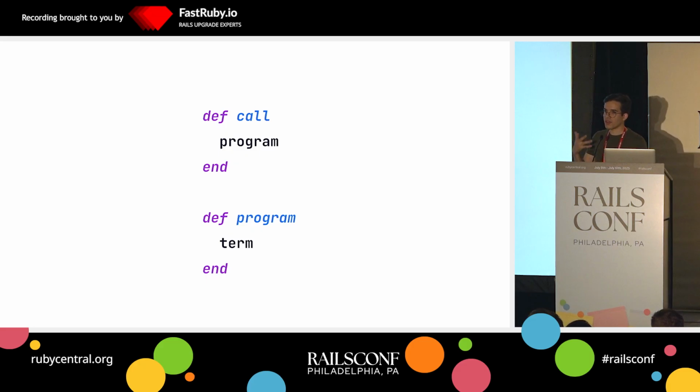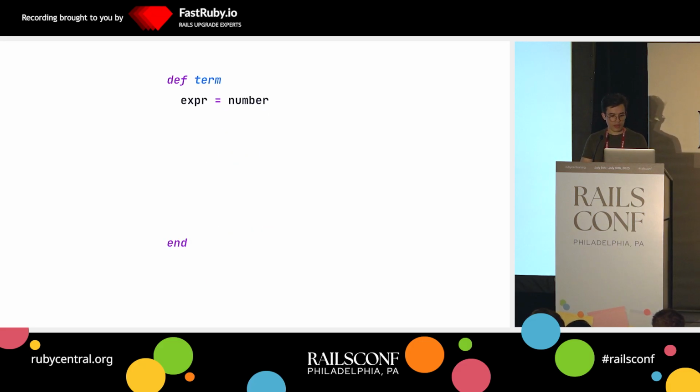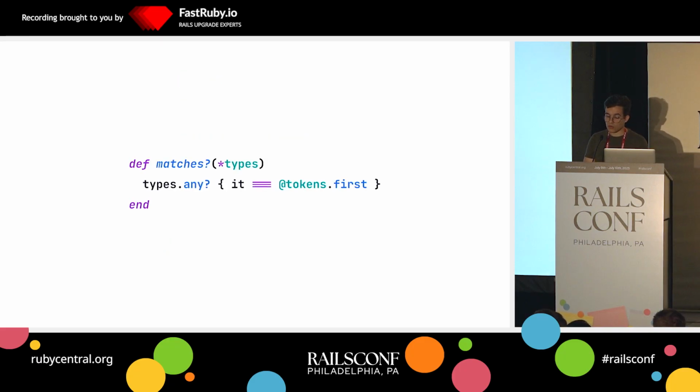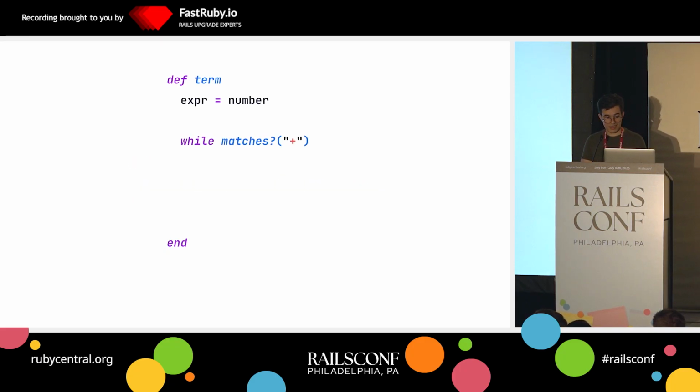So we'll reflect the grammar in the code. So now program calls term, and inside term, we try to parse a number like we did before with the number method. Then we check, does the next token match a plus sign? If it doesn't match, it's just a number, we return it. But if it matches a plus sign, then we'll try to parse an addition here.